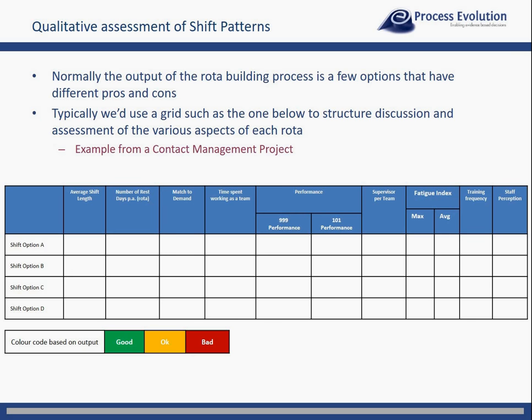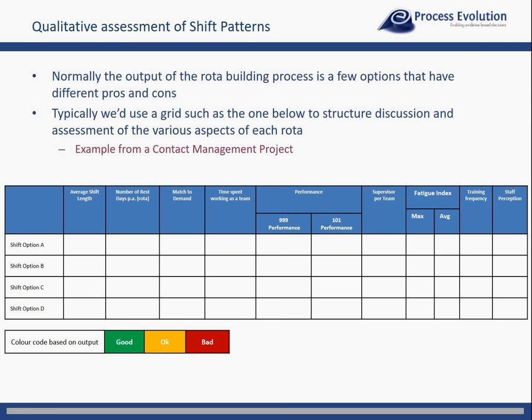However, some staff groups like it because of certain characteristics that makes a good rota for them. There's certainly evidence to show that rotas that don't take into consideration levels of fatigue or staff wishes can lead to higher levels of abstraction through increased sickness levels.